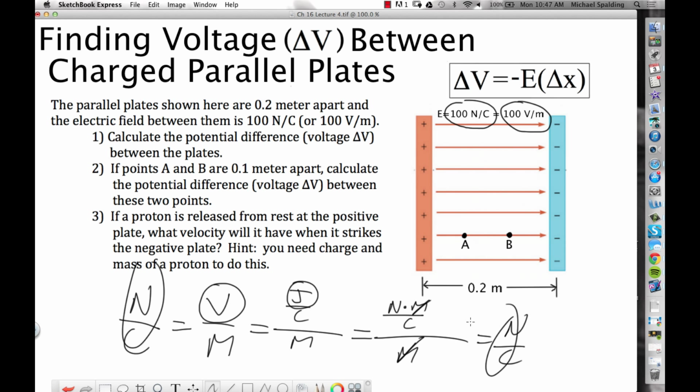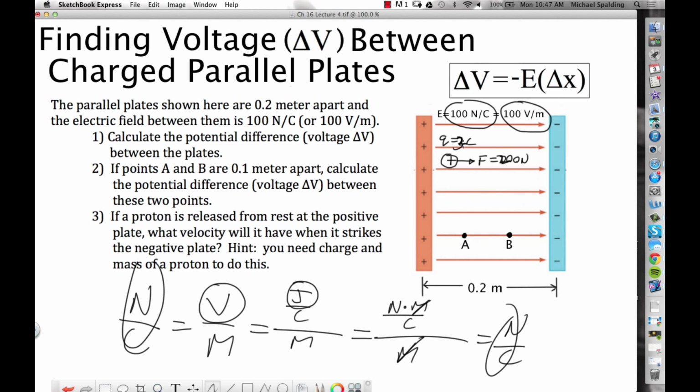So chapter 15, when we were doing forces, Newton is force. So like, look, 100 Newton per coulomb, what does that mean? If you stuck a charge in here, and that charge happened to be 1 coulomb, how much force would the electric field give the charge? 100 newtons. What if it were 2 coulombs? Then 200 newtons.